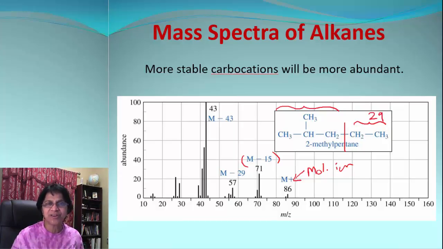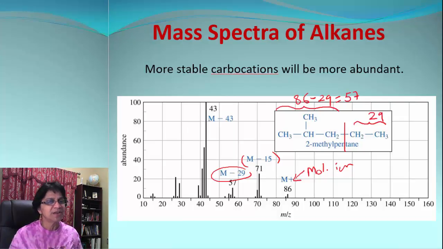And if this is 29, what is the remaining part? It will be the molar mass 86 minus 29. That is M minus 29, which is equal to 57. So that concludes again the structure which we have for this particular compound, methylpropane.